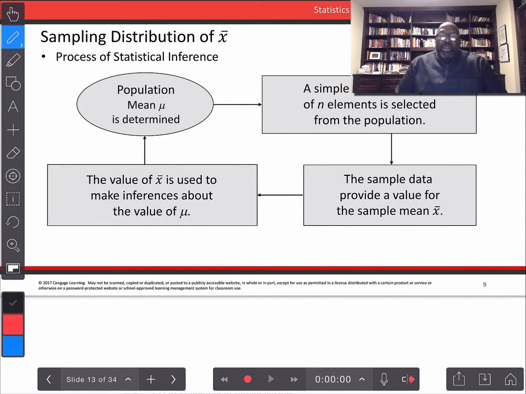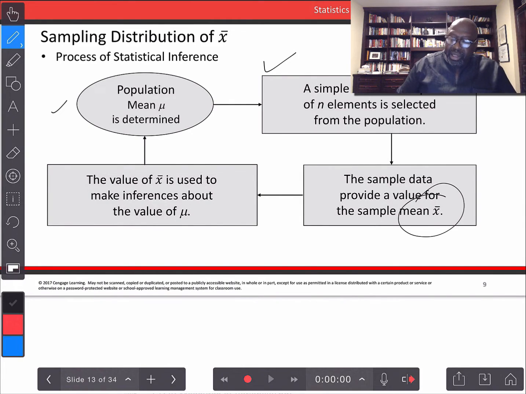So the sampling distribution of X bar is a process for drawing inference about a population, because the whole reason why we take samples is so that when we study the sample, we learn something about the population. Okay, so population mean mu is determined. That's the first thing right here. And then we take a sample from that population of n elements, and the sample data provides a sample mean right here.